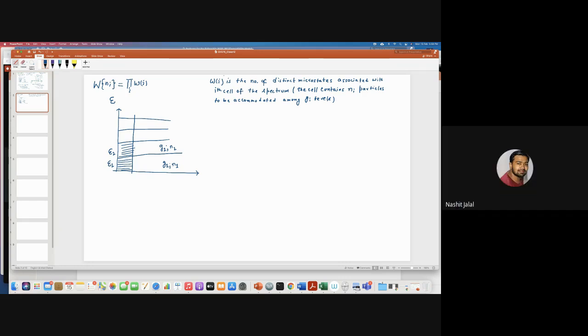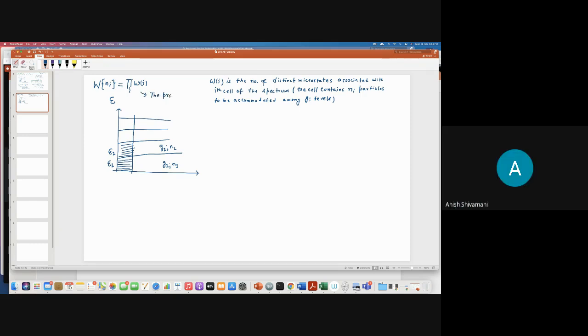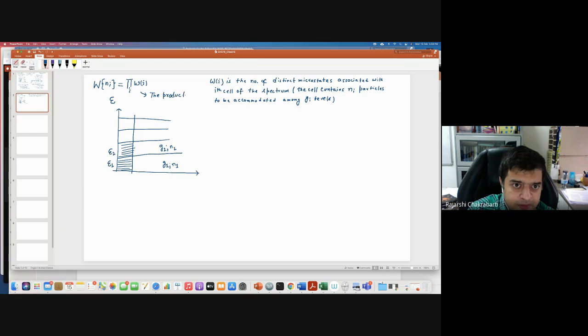And this product goes over what? This product goes over all the cells in the spectrum.